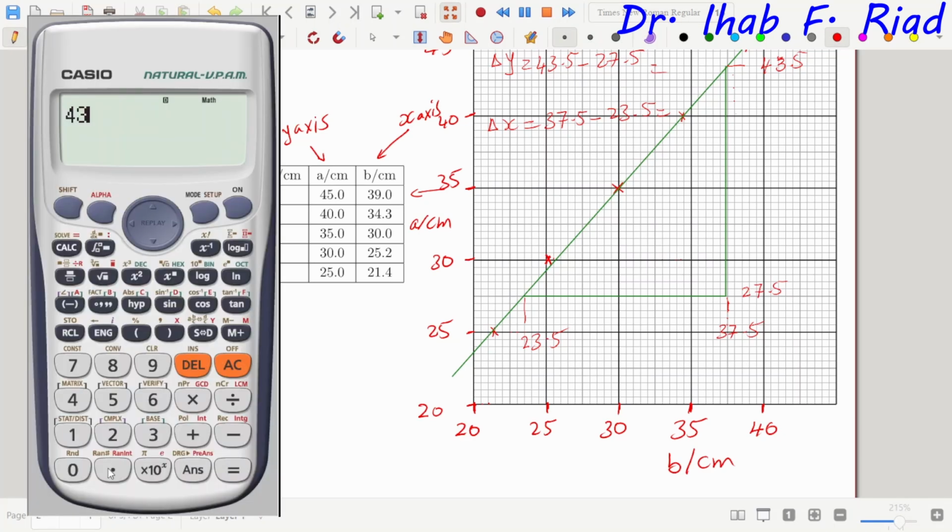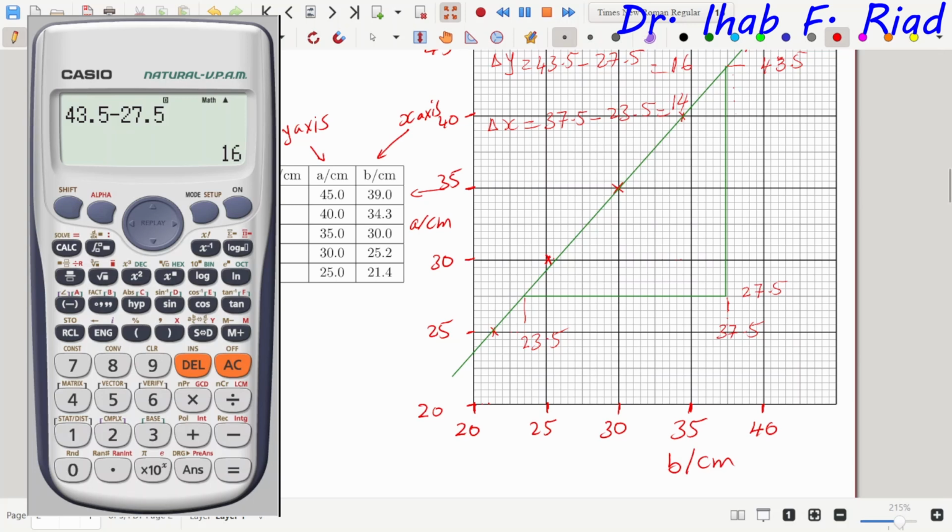43.5 minus 27.5 is 16. And 37 minus 5.5 is 14.